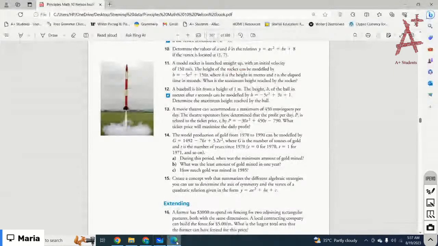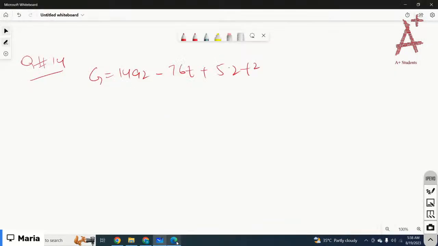Yes, 76T plus 5.2T square. Okay, you have to calculate the minimum amount of gold, right? So to calculate the minimum amount of gold, we have to calculate the vertex first, right? So let's just calculate by partial factoring. It would be G equals, from here you can take T common, so you are left with T times (5.2T minus 76) plus 1492.